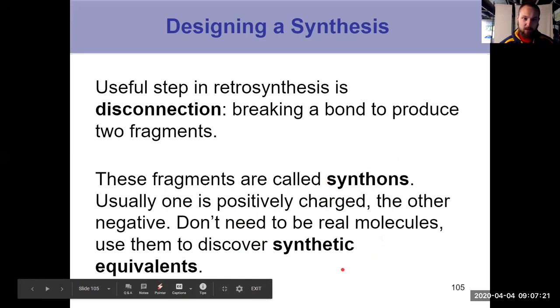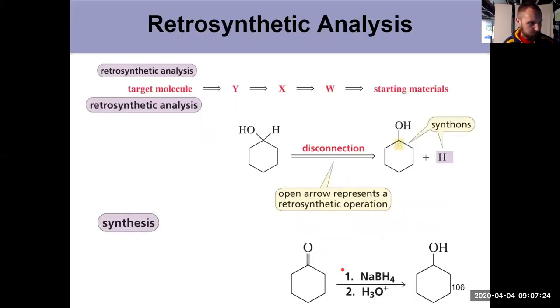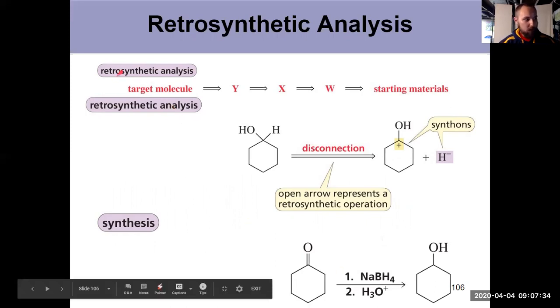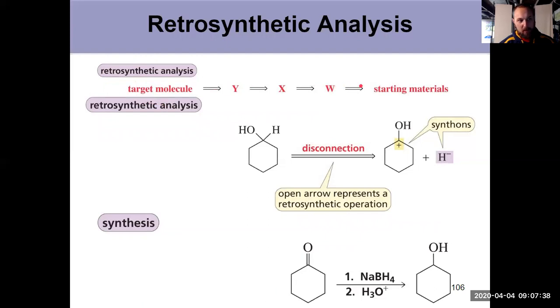That's called a synthetic equivalent. And a synthetic equivalent is a reagent that's actually used as the source of the synthon. So the overall retrosynthesis: what you're trying to make, you work backward, however many steps you need to get to the original starting material.